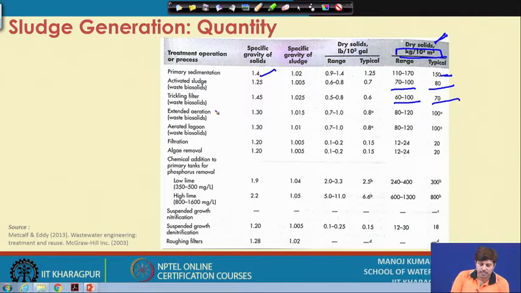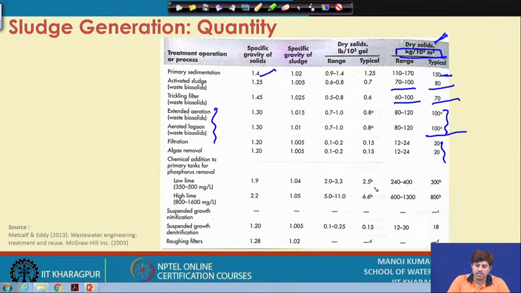The trickling filter produces 60 to 100 with an average value of 70 kg per 1000 meter cube. Then there are extended aeration or lagoons, which produce sludge in a little higher concentrations because the aeration period is extended. So, more dissolved organic converts into solids, and in order to have higher efficiency there would be larger sludge production as well. Through typical filtration or algal removal process, very little.